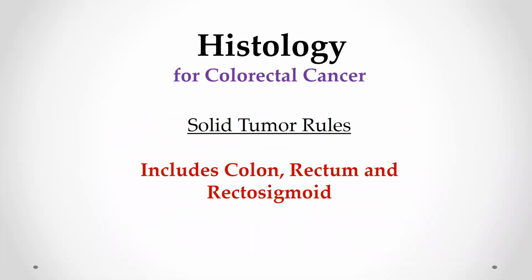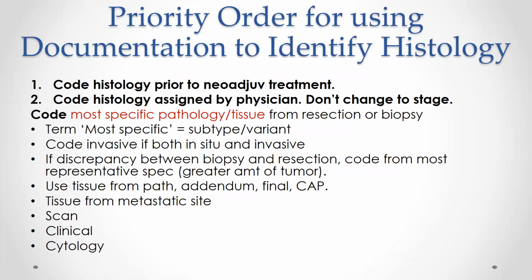Okay, so moving on to the histology rules for colon, rectum, and rectosigmoid. The priority order for using the documentation to identify the histology is listed here. Do code the histology prior to neoadjuvant treatment. Do code the histology assigned by a physician or pathologist.